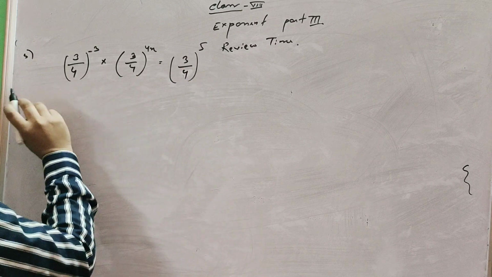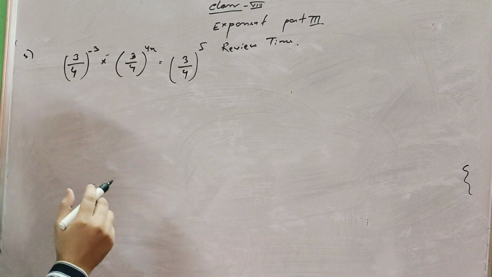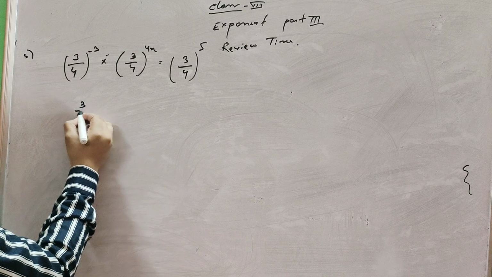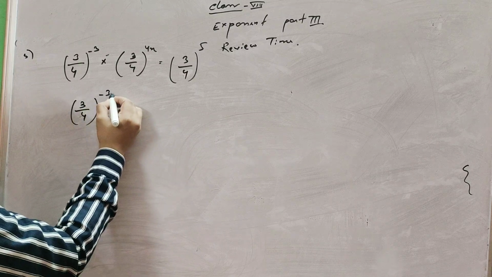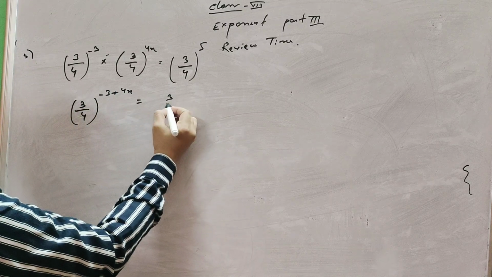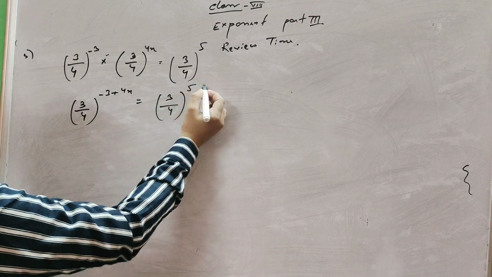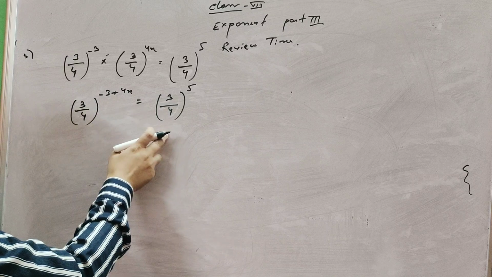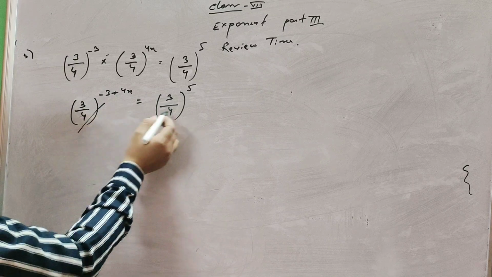Same base. We know that when the same base and multiplication sign is given, we sum the powers. Okay, so 3 to the power minus 3 plus 4x equals 3 to the power 5. Both sides, you see, have the same base, that means this one gets cancelled.